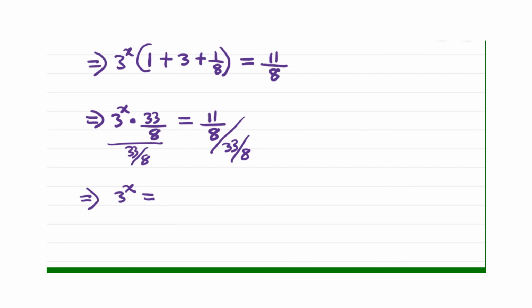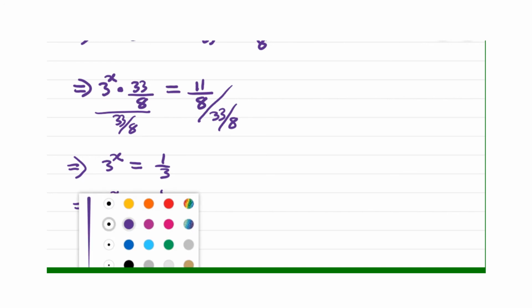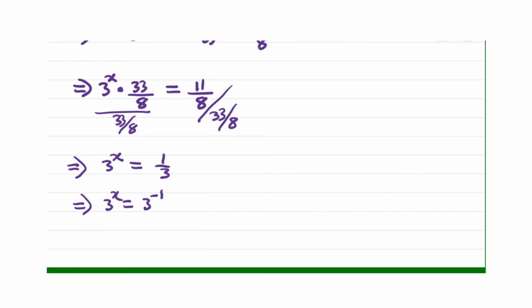It gives us exactly 1 over 3, which therefore means in this case it will be 3 to the power x equal 1 over 3, which is 3 to the power minus 1. Our bases are the same again, which means in this case the exponents must be the same. Therefore it implies that x is equal to minus 1.